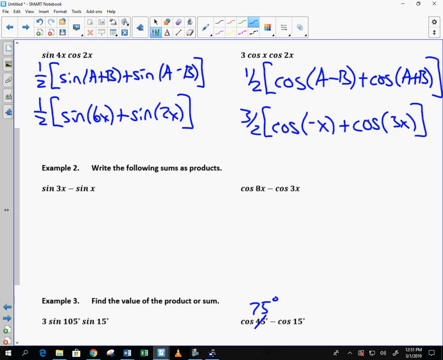Very good. You can't leave a negative angle. So, cosine of a negative, do you remember what happens to negative for cosine? Disappears. So you end up with 3/2 times the cosine of x plus the cosine of 3x. That's because cosine is what we call an even function, so the cosine of a negative is the same as cosine of a positive.